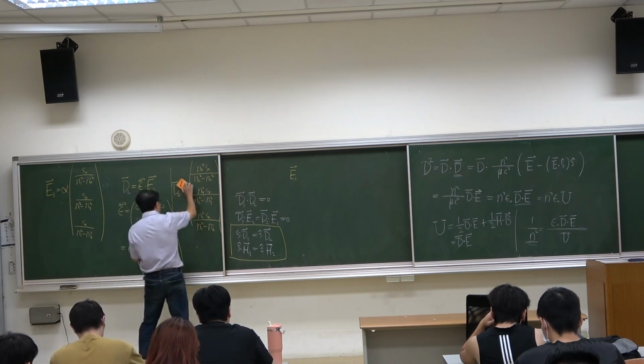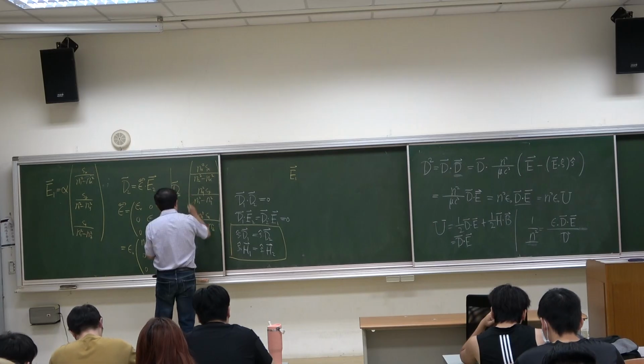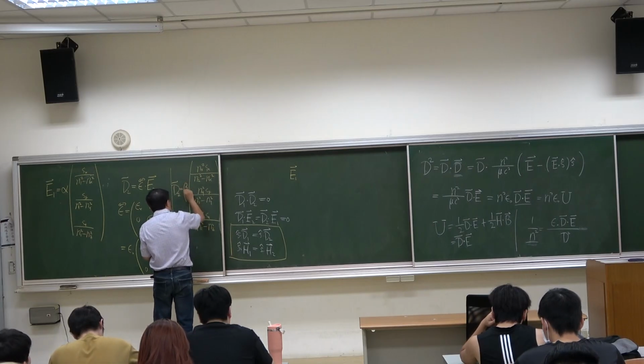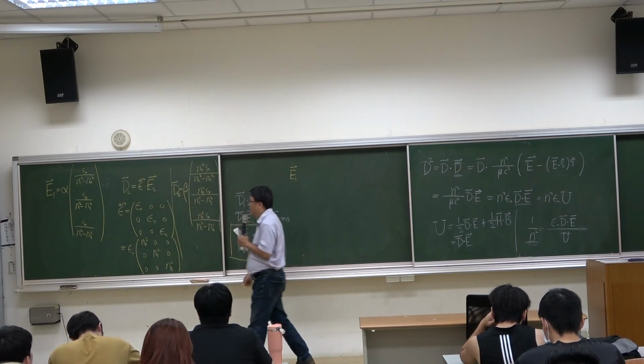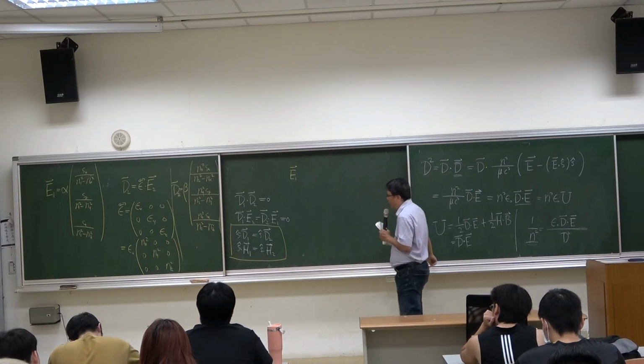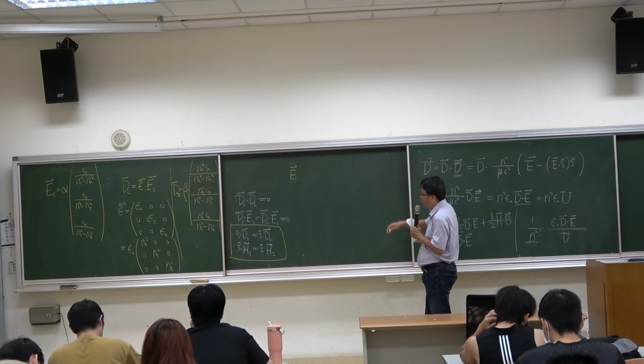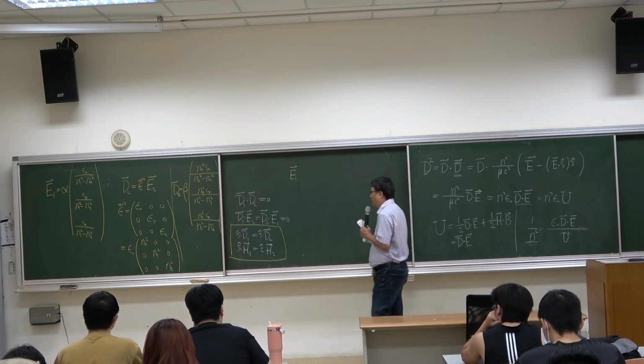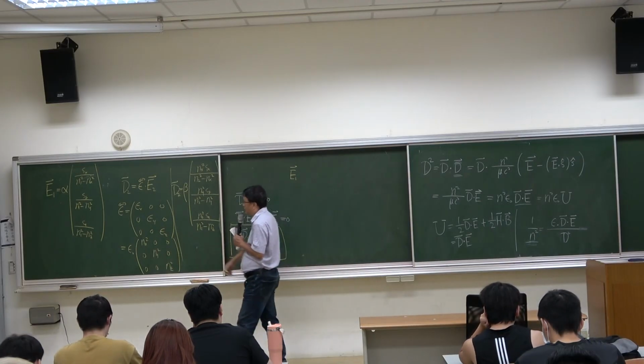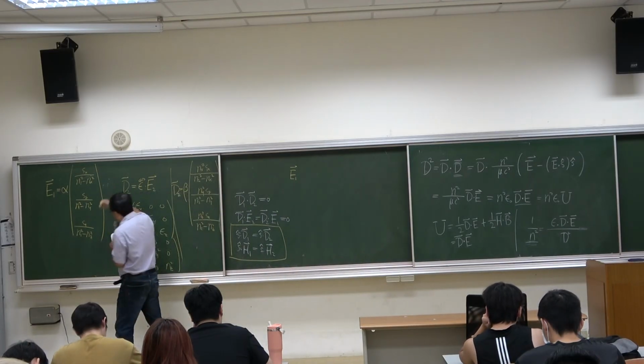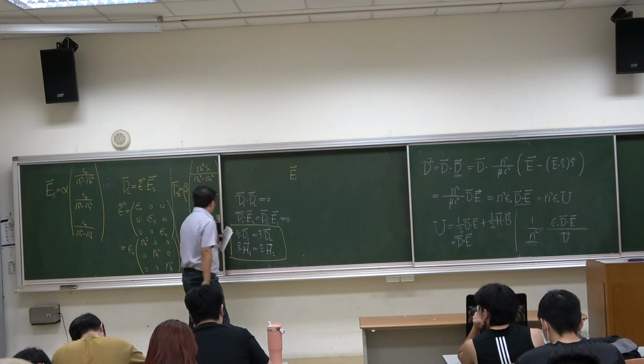To make it an equality, I write this as alpha, beta are the coefficients in front of this column vector. Okay.